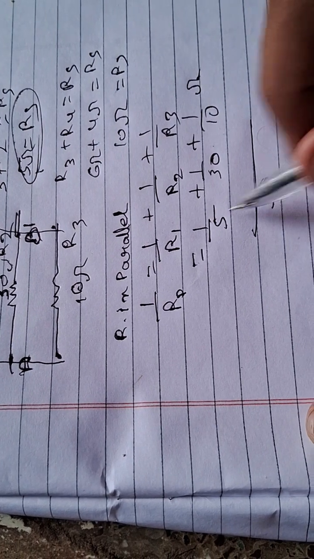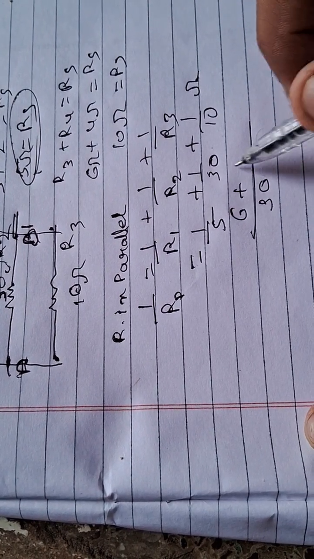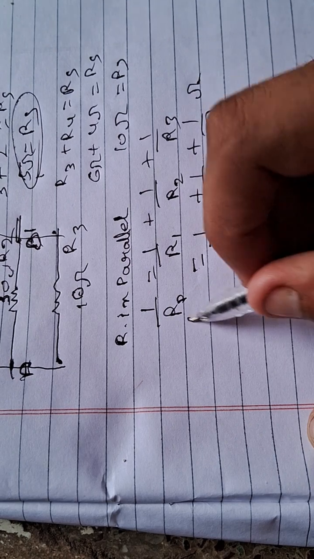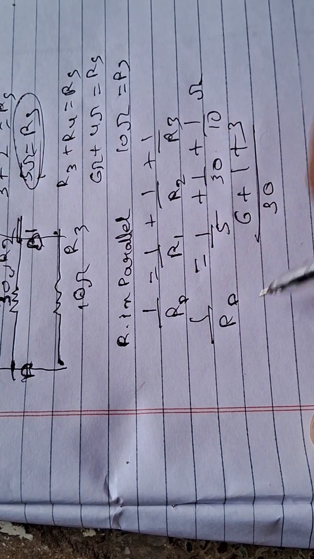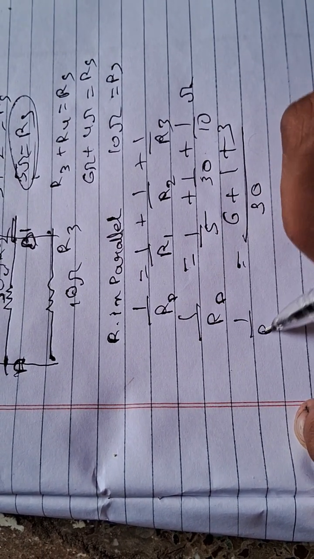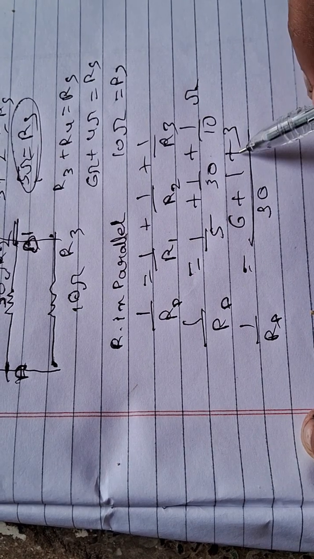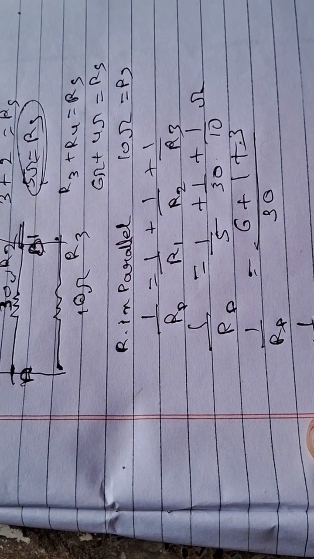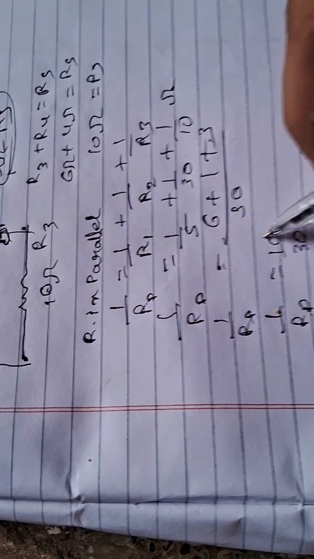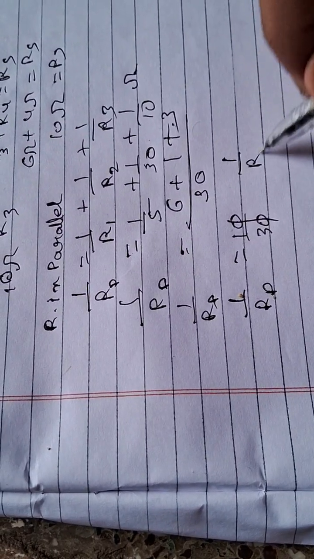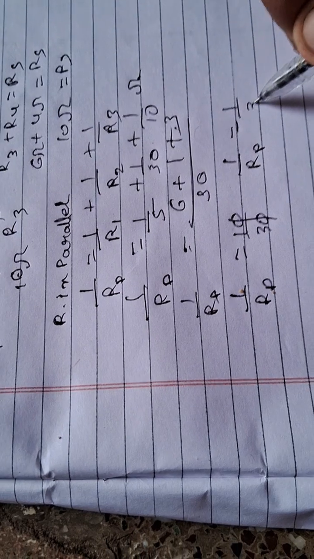So 30 as the LCM: 6 plus 1 plus 3, this is the reciprocal of the parallel resistance. 6 plus 3 is 9, plus 1 is 10. So 10 by 30, 1 by Rp is equal to 1 by 3, and you have the resistance in parallel. The final resistance for this question is 3 ohm.